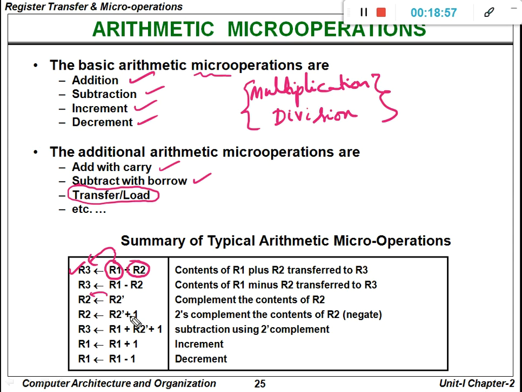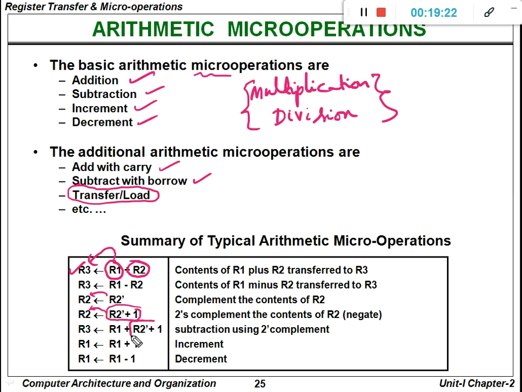Next, R2 ← R2' + 1. The content of R2 has been complemented and 1 is added to the result. Then what are we going to get? We are going to get the 2's complement. So the 2's complement is stored in the same register. Next one is R3 ← R1 + R2' + 1.